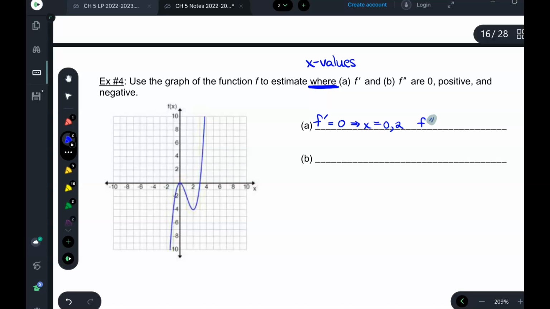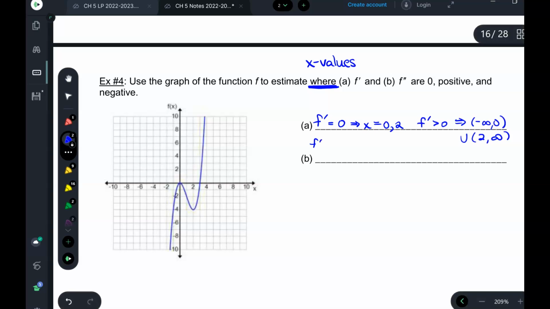Where is f prime greater than 0? Where the slope is positive. Right. So from negative infinity to 0, and then from 2 to infinity, right? Good. Sorry, I didn't leave you guys a lot of room here.